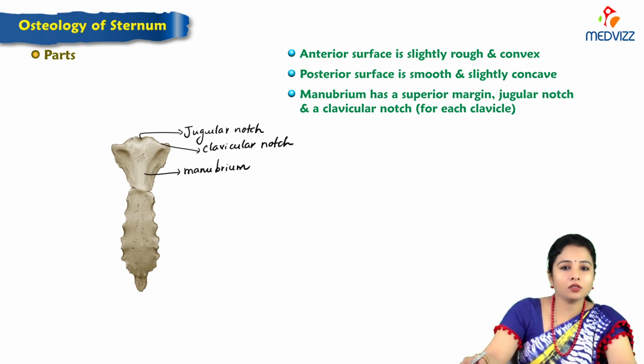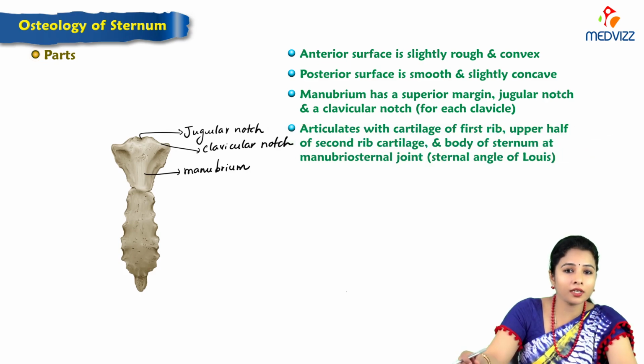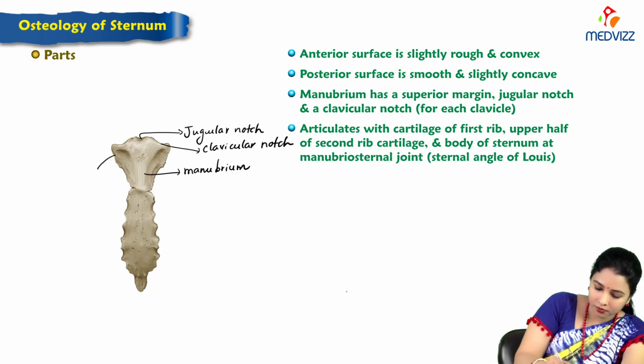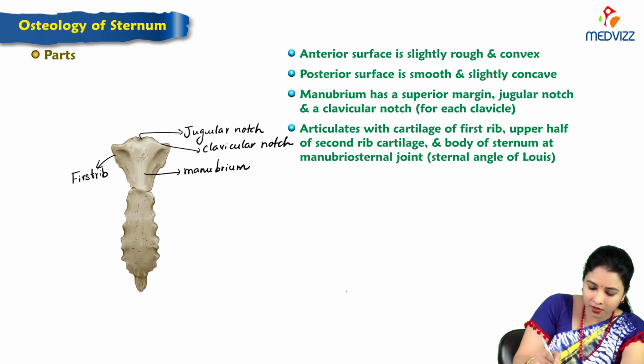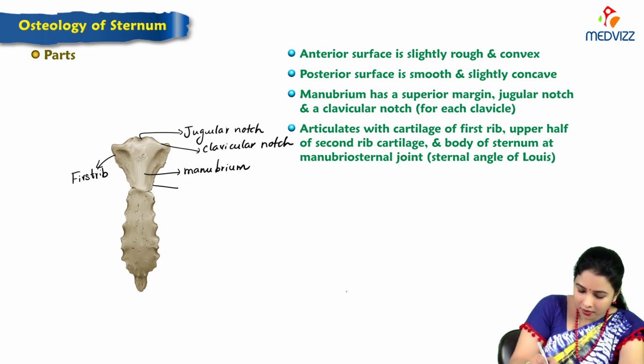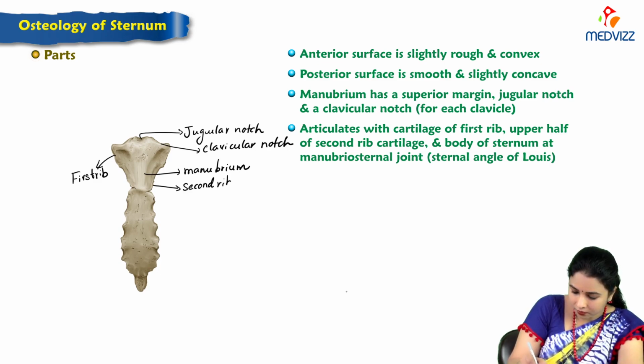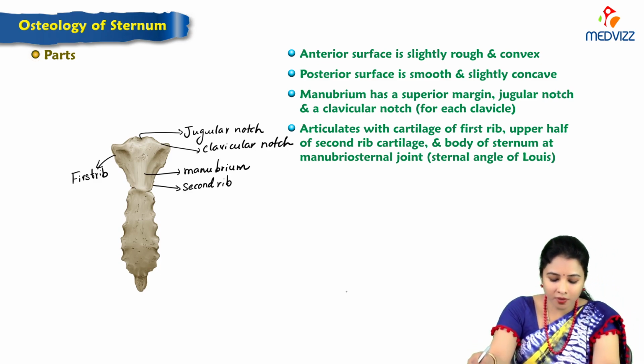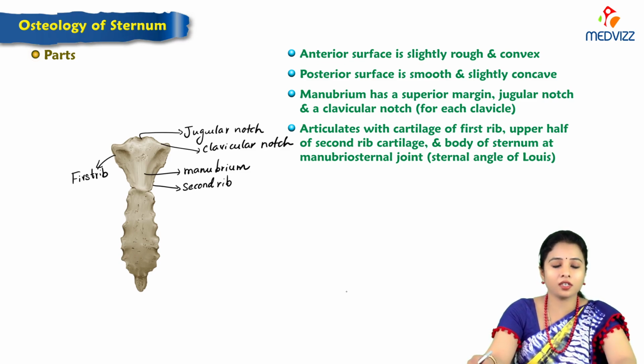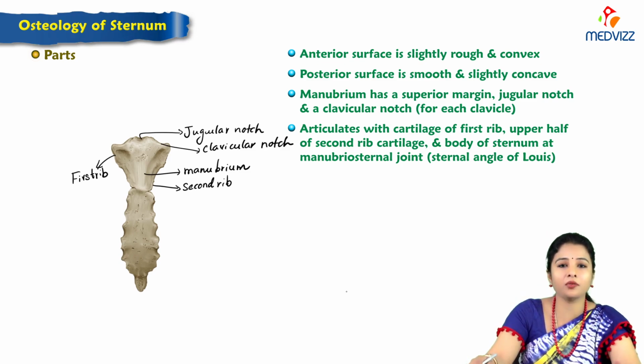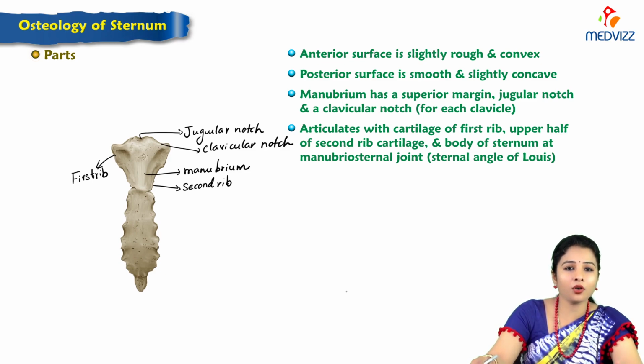It also articulates with the cartilage of the first rib and the upper half of the second rib. So here is the cartilage of the first rib, and here the cartilage of the second rib. The upper half of the cartilage of the second rib articulates at the junction between the manubrium and the body of the sternum.